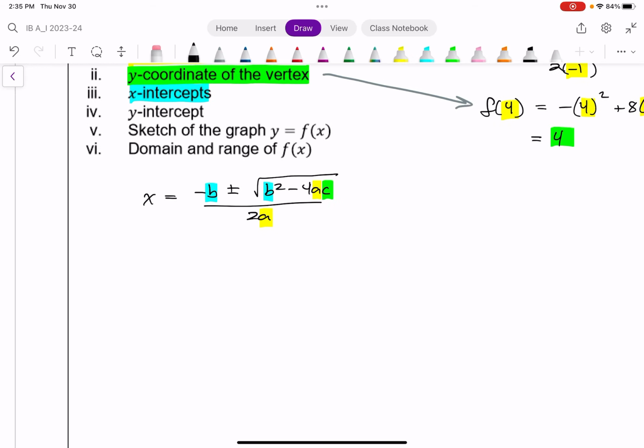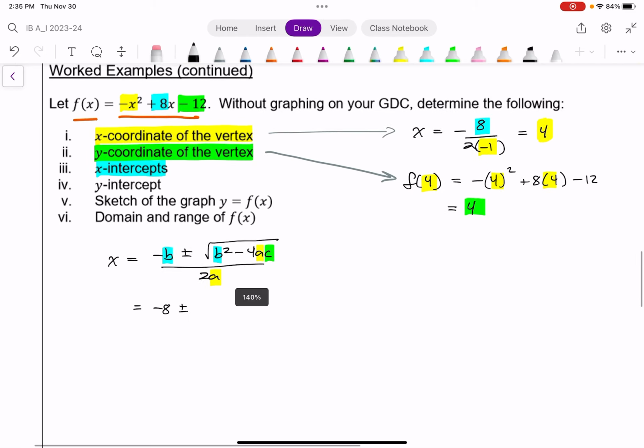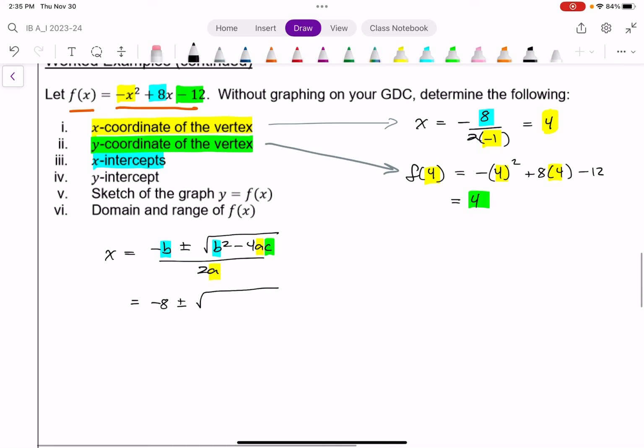So in this case, I get negative 8 plus or minus the square root of 8 squared, which is 64. And keep in mind, if your b value is negative, it doesn't matter because you're squaring it inside the radical here. Minus 4 times negative 1 times negative 12.